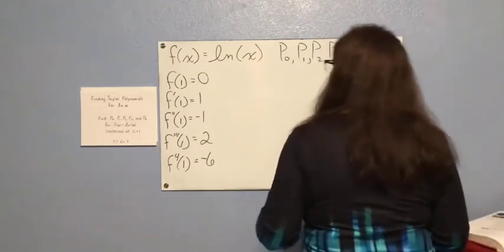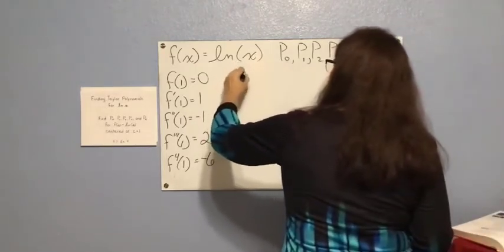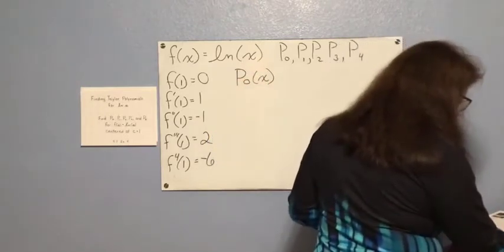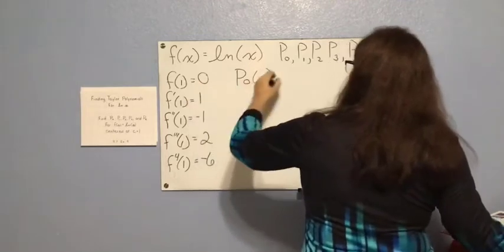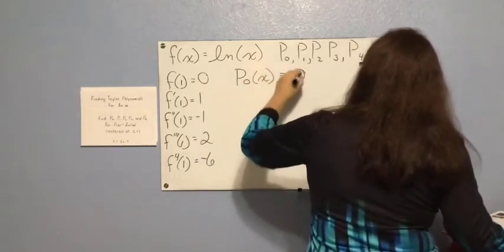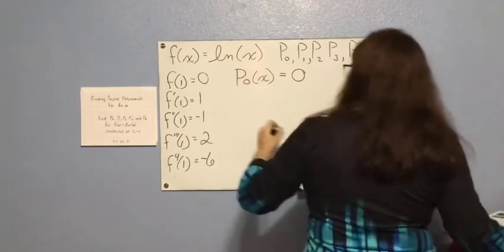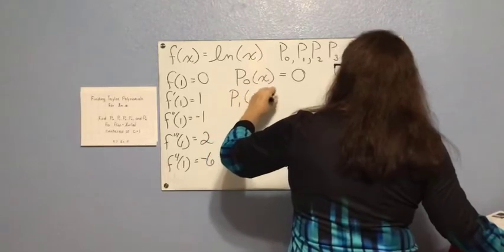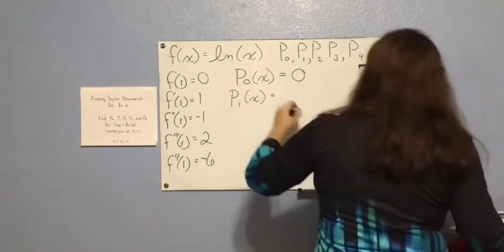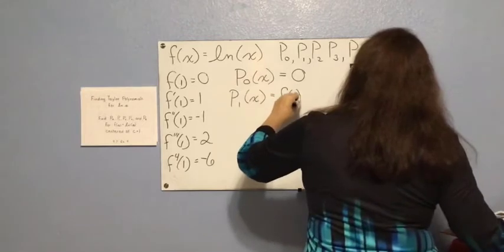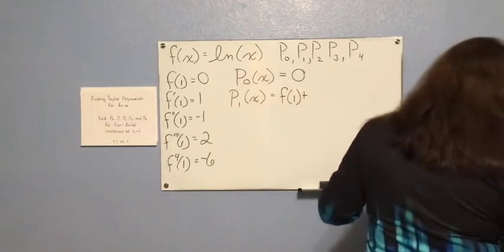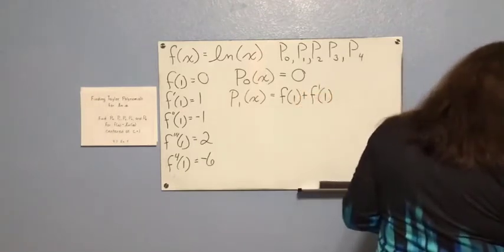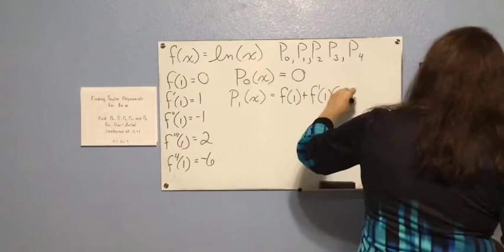So to write the P sub 0 Taylor polynomial, I just have to use that f of 1, and that's 0. P sub 1 of x would be f of 1 plus f prime of 1 times x minus 1.